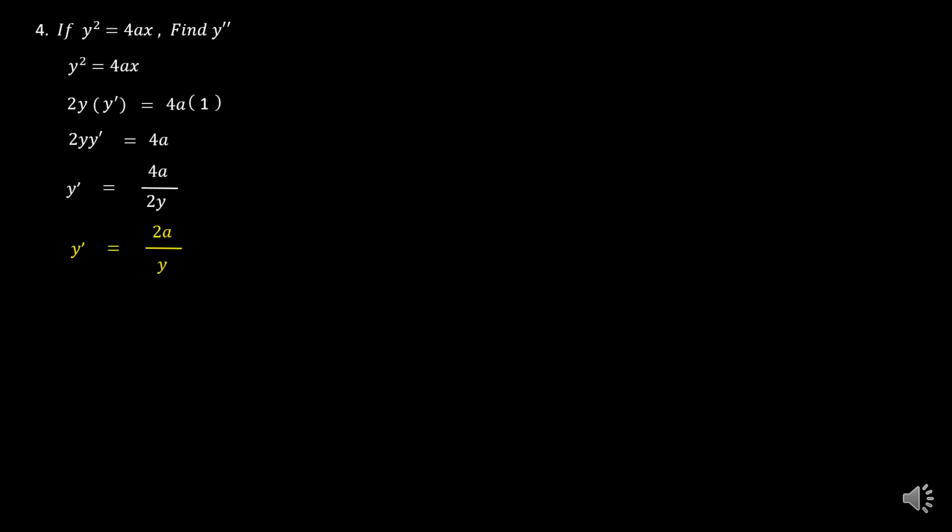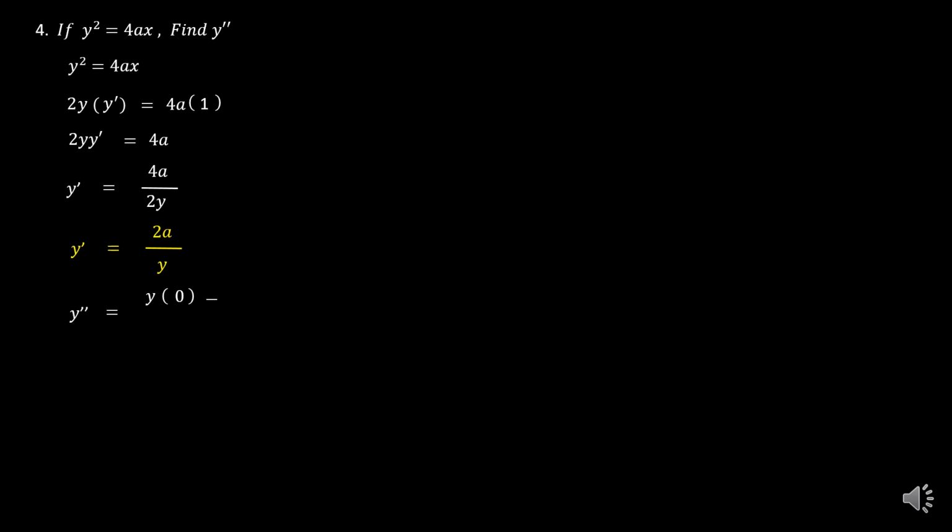Since the required is the second derivative, meaning we're going to determine the derivative of the first derivative. The derivative of y' is y'', which equals the derivative of 2a over y, using the derivative of a quotient. Just copy the denominator, which is y, multiplied by the derivative of the numerator 2a, which, since that is a constant, is 0.